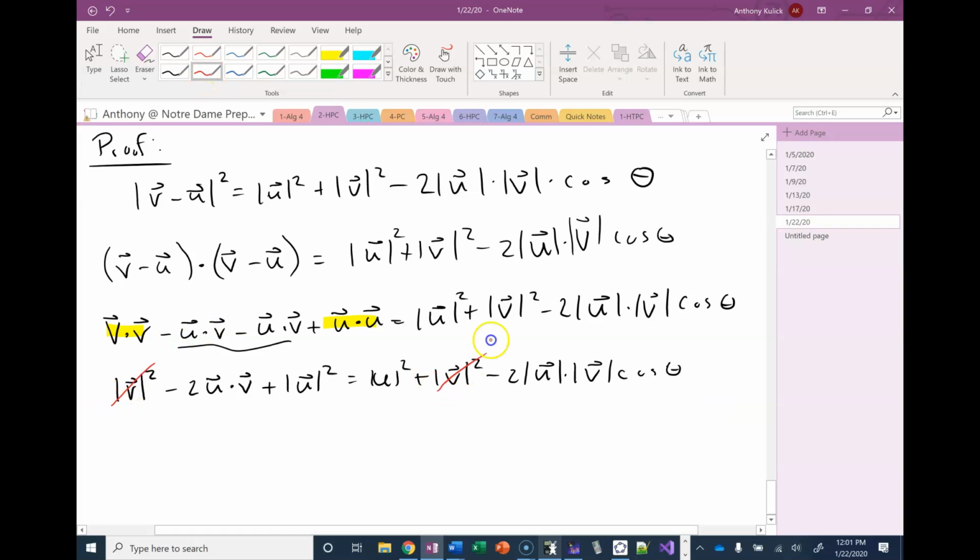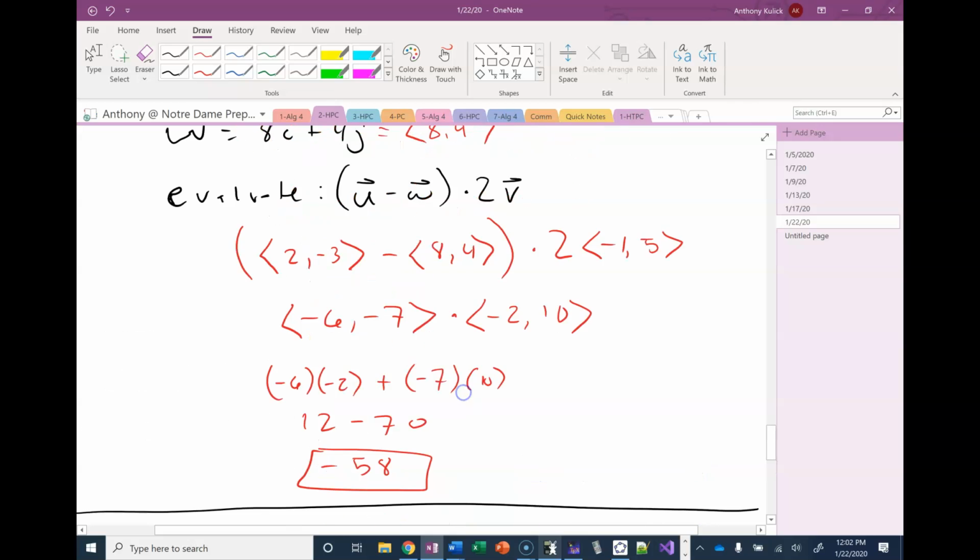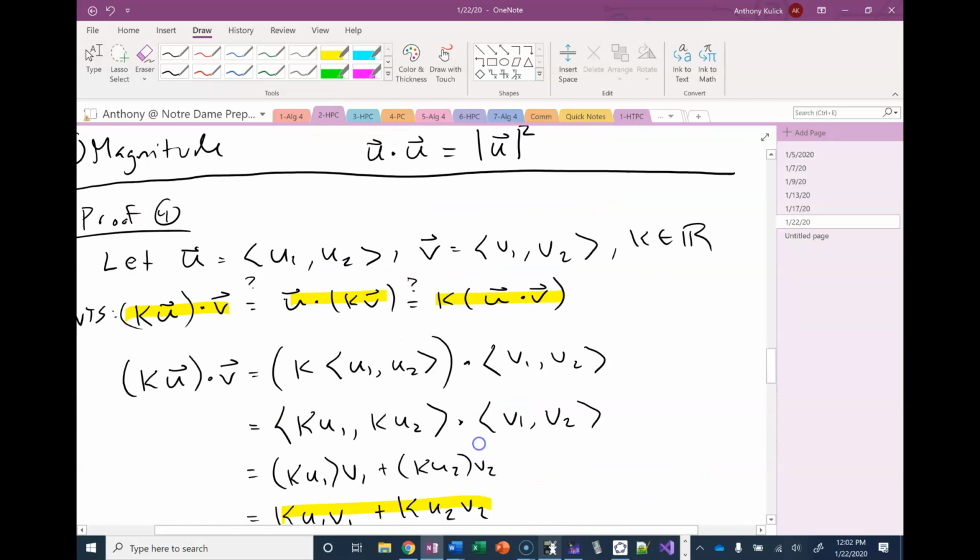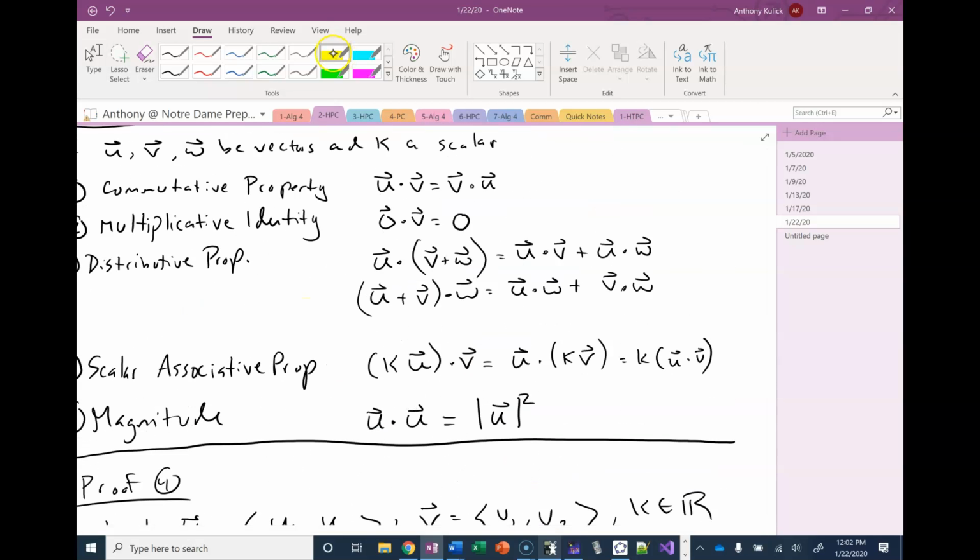If I subtract the magnitude of v squared from both sides, yes, sir? If there's two v's being multiplied, would it be times 2v, or times v squared? So what I'm doing is I'm using the magnitude property here.